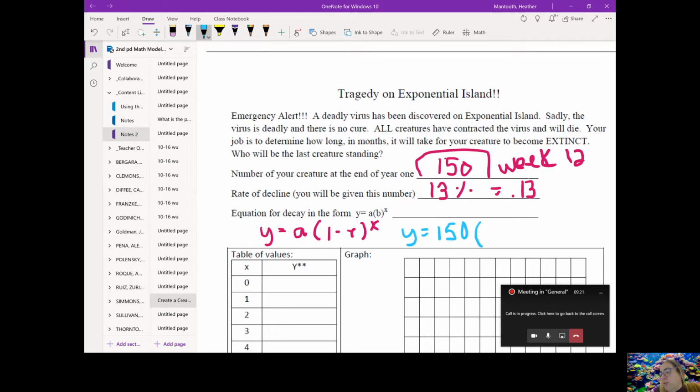I just picked a number so I wouldn't have to finish the table first. 1 minus r is going to be 1 minus 0.13 to the x power. And now to simplify that, a is still 150, but in parentheses I have 1 minus 0.13, which is 0.87 to the x power.